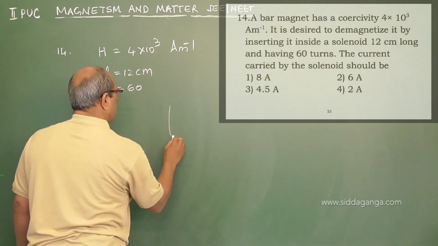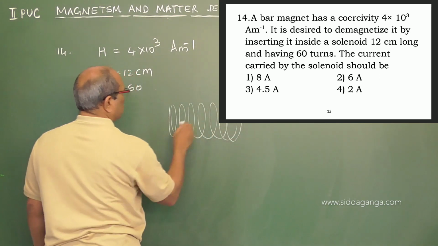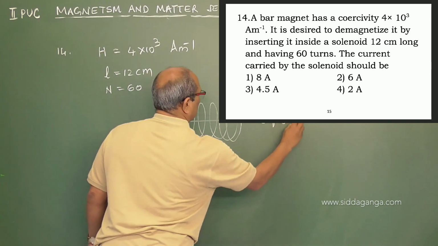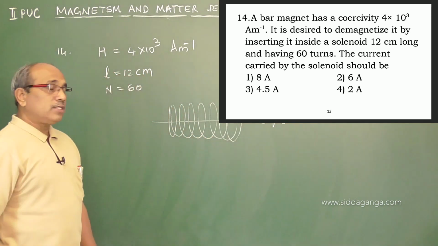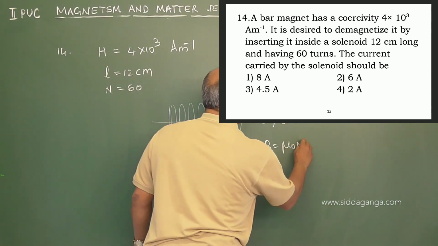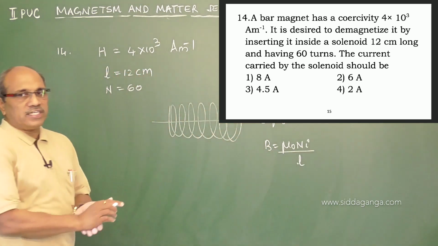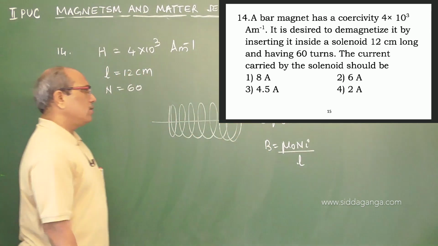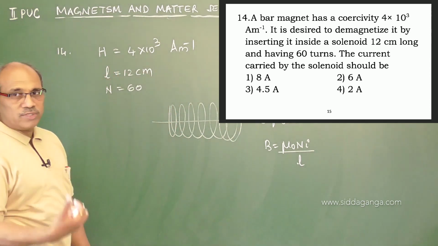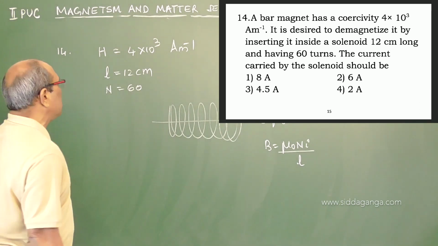So we have a solenoid. It produces a magnetic field along its axis, which is given by mu naught Ni in total, or otherwise mu naught Ni by L, where N by L is the number of turns per unit length of the solenoid. This is B. But the question is how much current the solenoid must carry to demagnetize it.